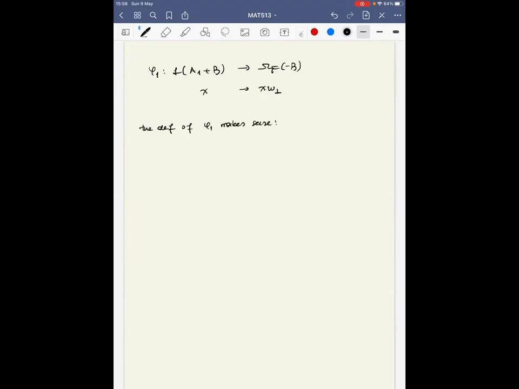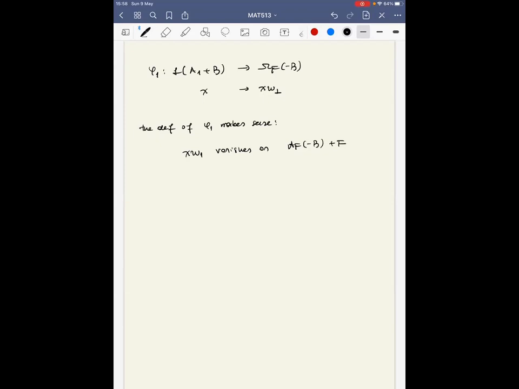So that means we want to say that x times omega 1 is a Weyl differential of the differential space of minus B. So that means x omega 1 vanishes on the adele space of the divisor minus B plus F.